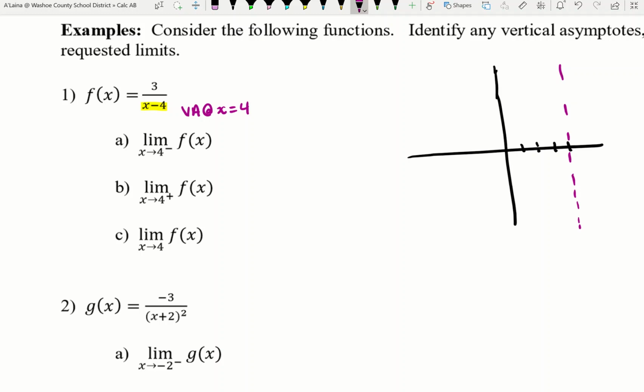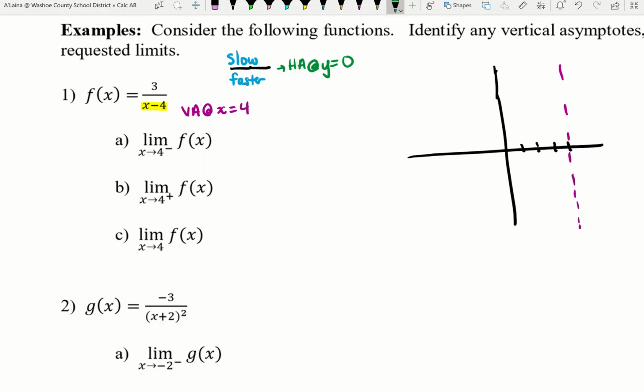As for the horizontal asymptotes, they can be found by comparing the numerator and the denominator and seeing what grows faster. Usually we talk about degree if we're looking at polynomials, but in general, what we're looking for is to see, is it growing slower on the numerator or on the denominator? If it's growing faster on the denominator, then we would have a horizontal asymptote at y equals 0.